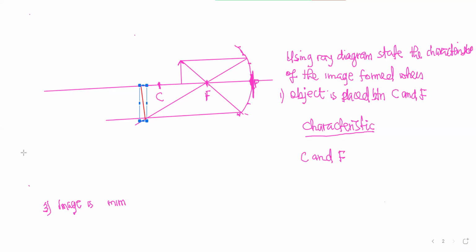Good. So this is the head. This is the image I, the object O. By this, we could deduce that the image is real.